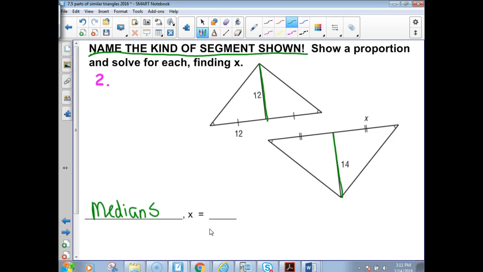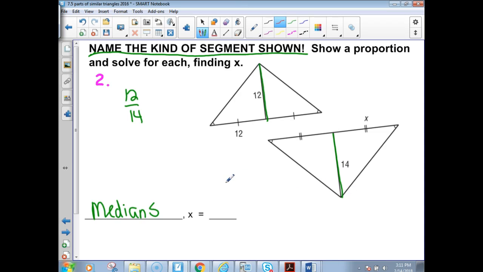All right, so I'd like a volunteer to set up number 2. How will we set that one up? Takasha? Okay. Now, would it have to be 12 over x or x over 12?